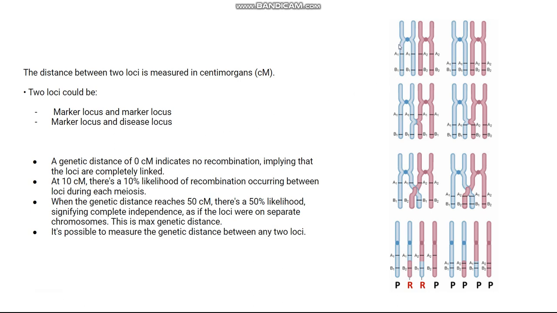Actually, the distance cannot be more than 50 centimorgans, because that is the maximum. If it is 50 centimorgans apart, the loci are called unlinked, the equivalent of loci being on two different chromosomes.